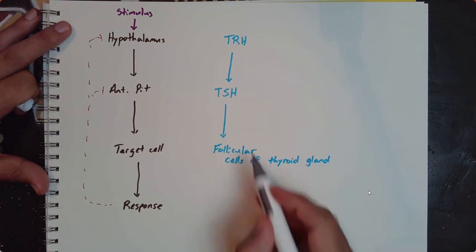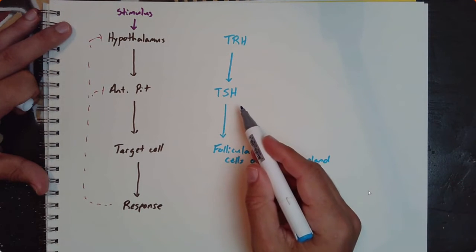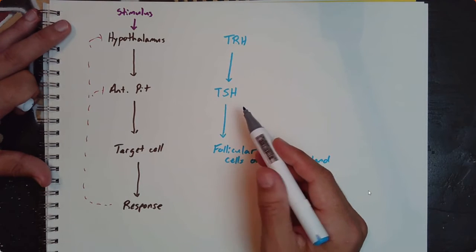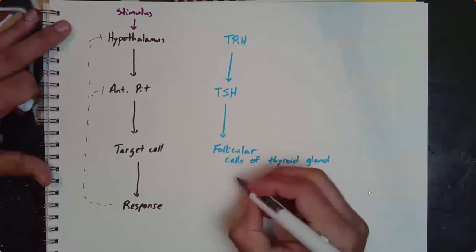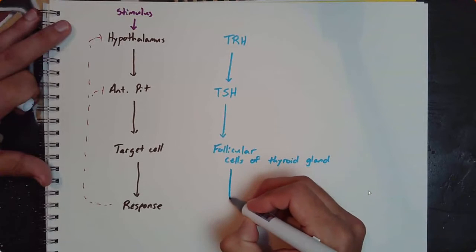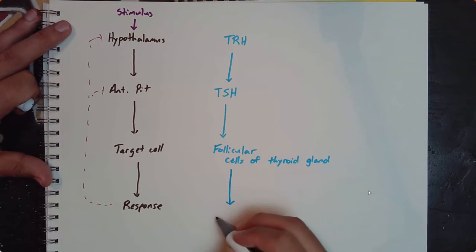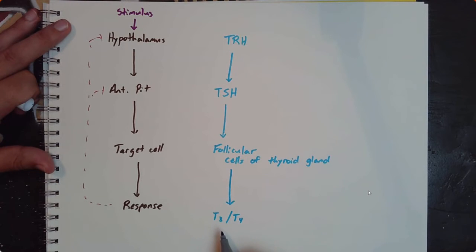And the follicular cells, in response to TSH, will start to produce more and release more T3, T4. But the only way that we can release more T3, T4 on demand is if we store it away and release it when we want it.